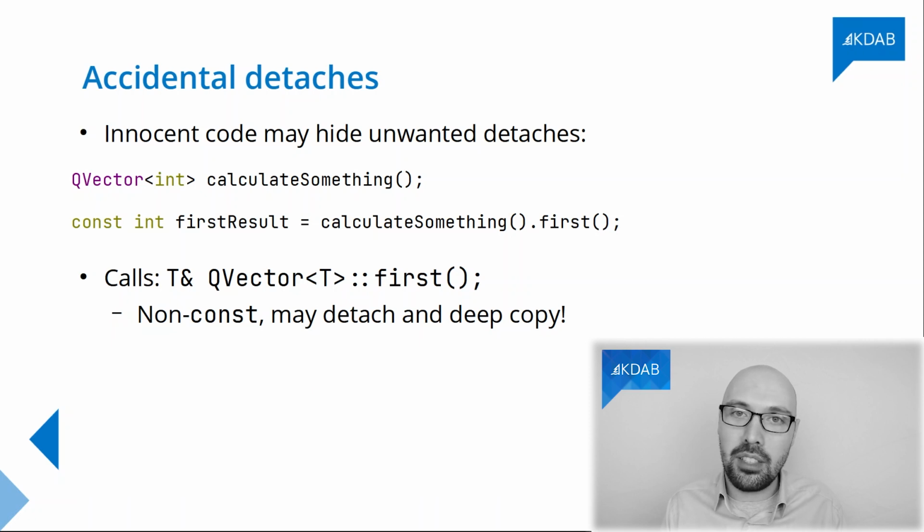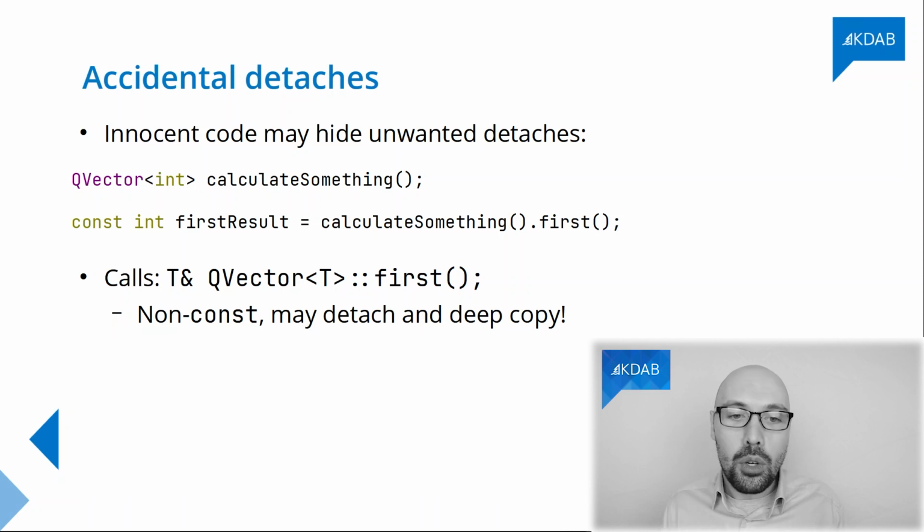First, if you take a look at the Qt documentation, has two overloads, the overload for const things, the overload for non-const things. And this is the overload for non-const vector. So that overload, since it's non-const, because it's being called on a non-const vector, the one returned by calculate something, does the usual dance. It will check the reference counter, and if it's bigger than 1, it will detach and deep copy.